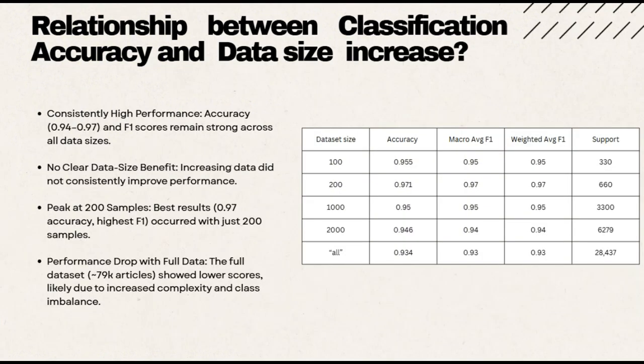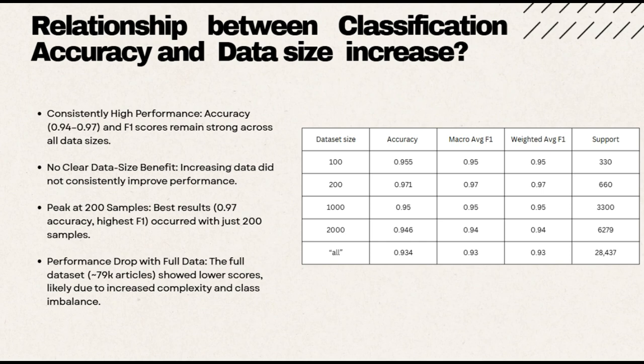So next is the relationship between classification accuracy and data size increase. Does the accuracy actually improve when the data size increases? That's what we'll be looking at here. This is the data that we got from the different data sizes. You can see consistently high performance in accuracy and F1 scores across all data sizes, and we don't see any clear data size benefit, as increasing data did not consistently improve performance.